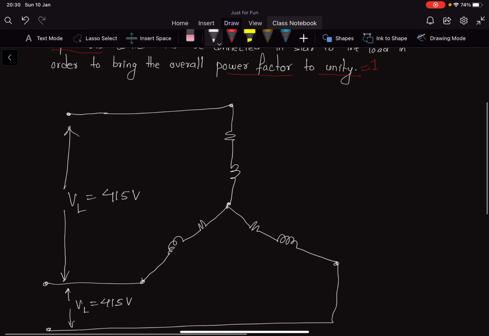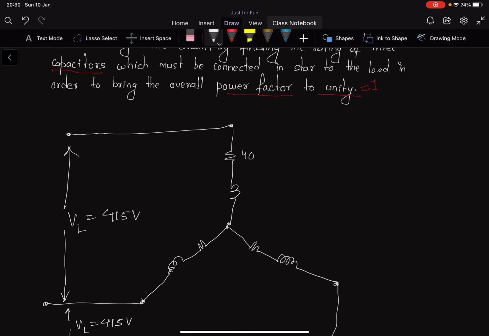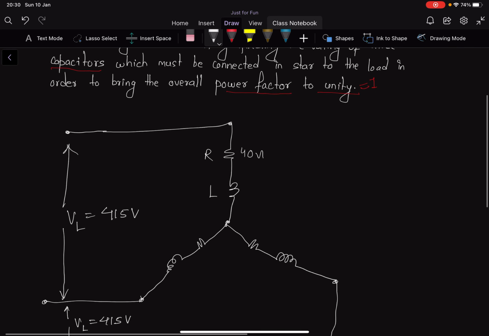And the value of resistor is 40 ohms, which is R. The value of L is not given to us, but the value of inductive reactance is given to us. So that is going to be XL, and the value of XL given to us is 30 ohm.